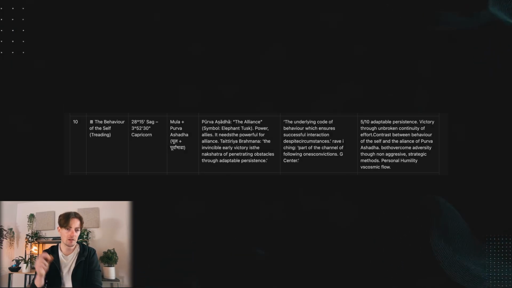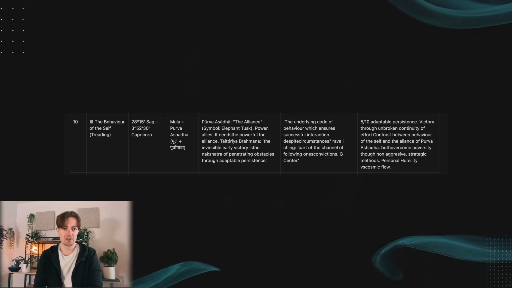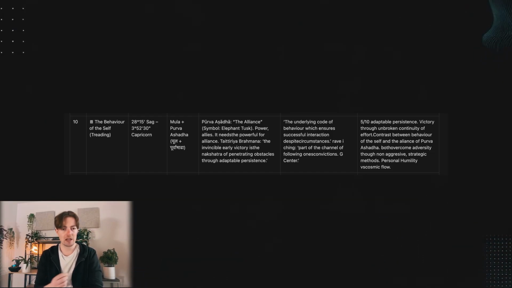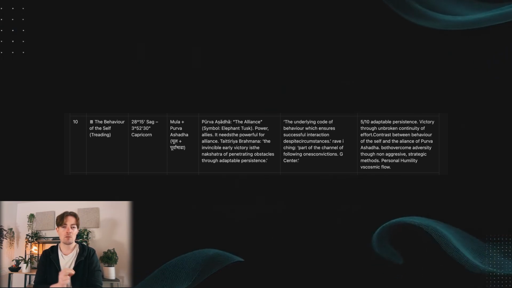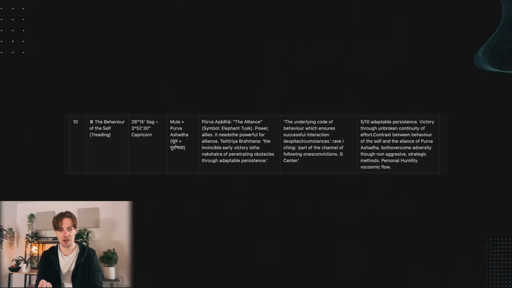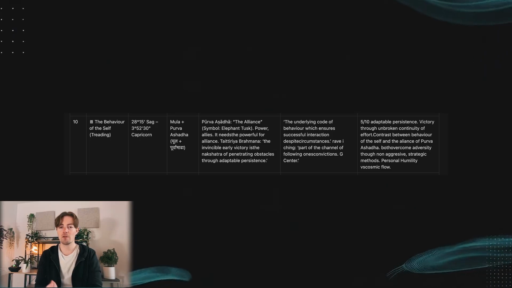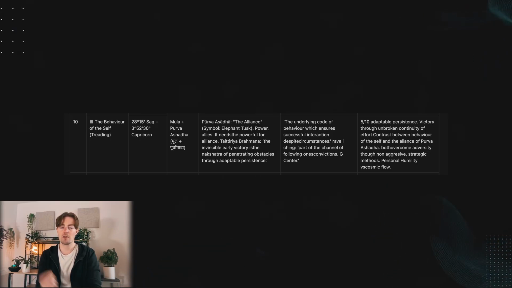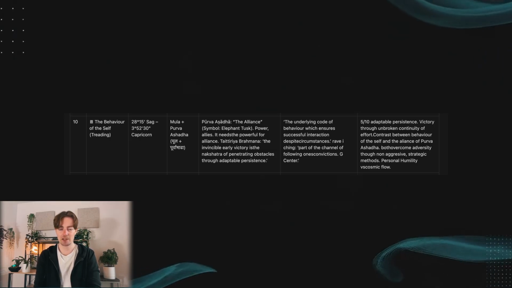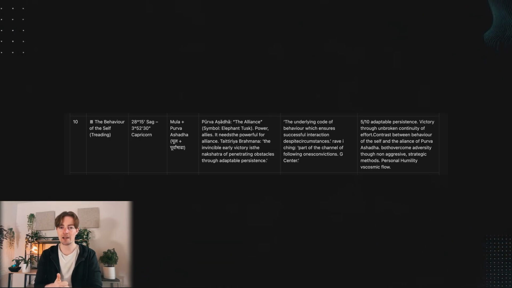Gate 10, the behavior of the self, the gate of treading, running from 28 degrees of Sagittarius to 3 degrees of Capricorn. We're in the Mula and crossing over to the Purva Ashada Nakshatra. To introduce Purva Ashada, it can be translated as the alliance. The symbol is the elephant tusk. It's about power and allies. It needs the powerful for alliance.